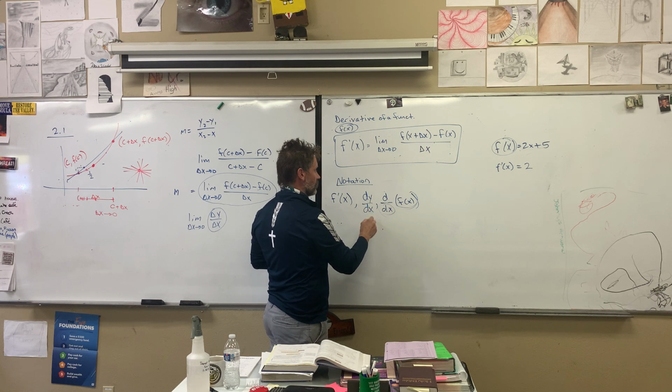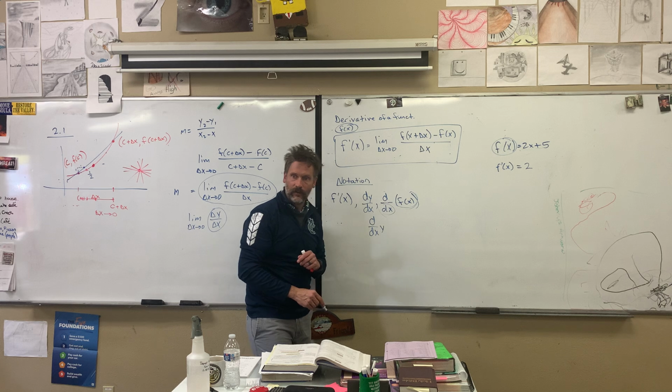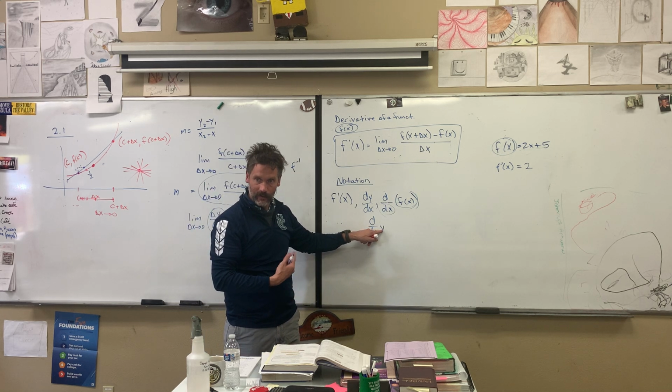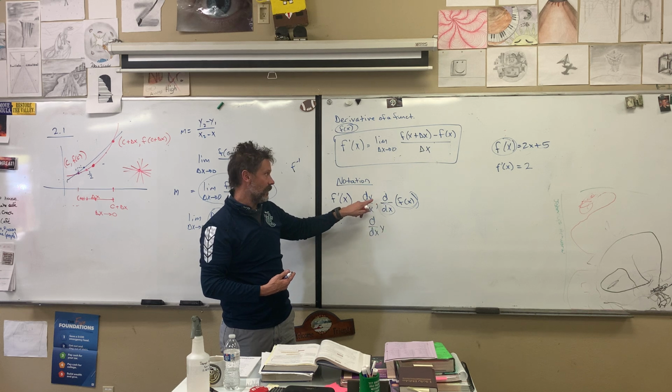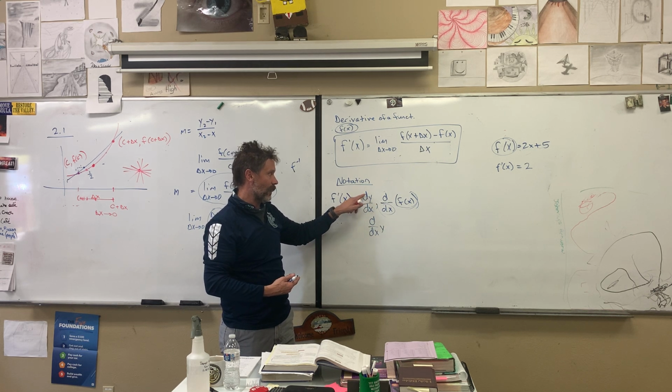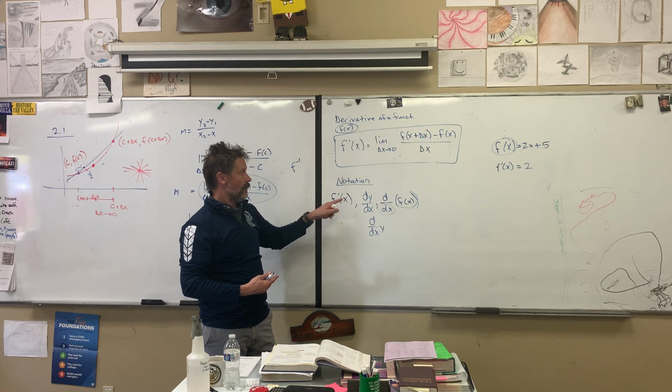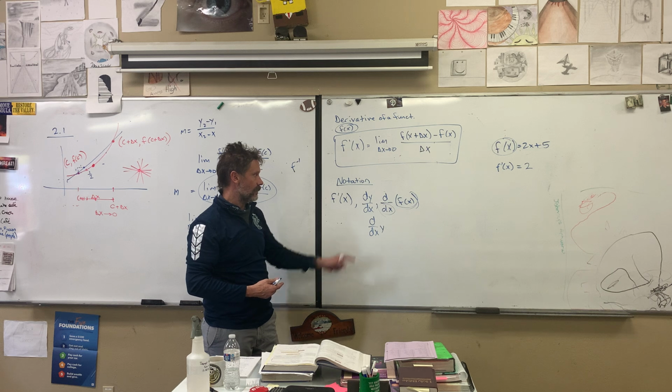The same way this could be written as d dx with y on the outside. You're finding the slope of a function y, with the idea that it is a change in y over change in x.